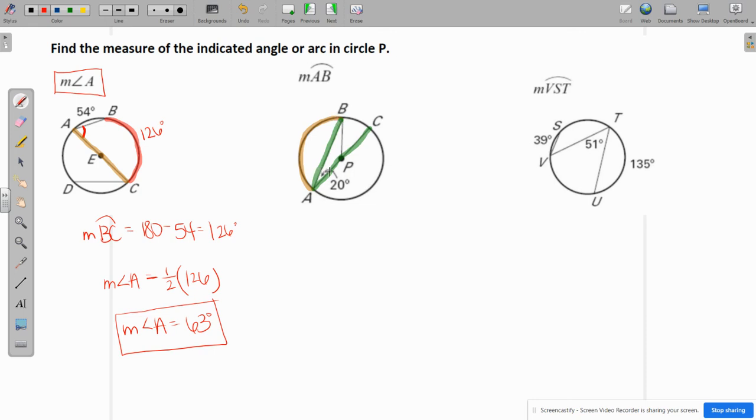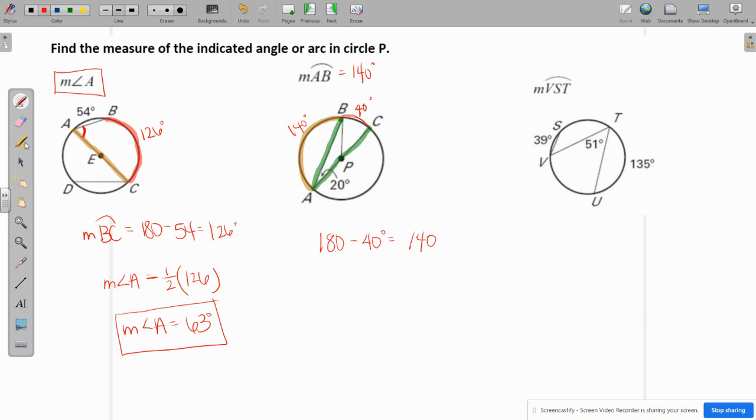So if this angle is 20 degrees, then this arc here is double that, which is 40 degrees. Since AC is a diameter, the entire arc ABC should have a measure of 180 degrees. So I can take 180 degrees and subtract 40 degrees to get 140 degrees, which is the measure of arc AB. So that would be 140 degrees.